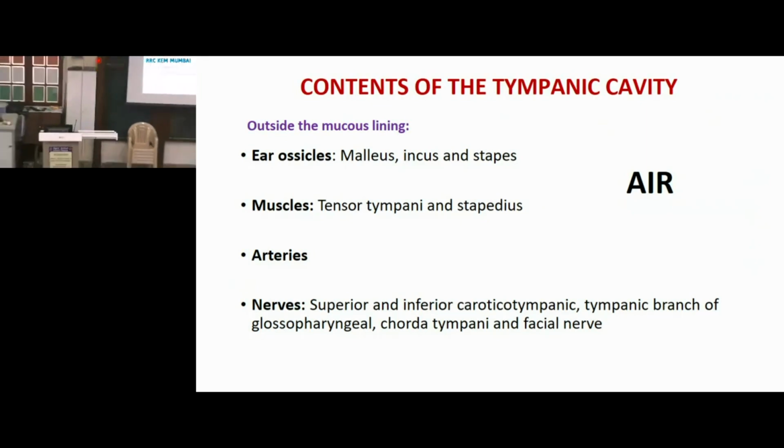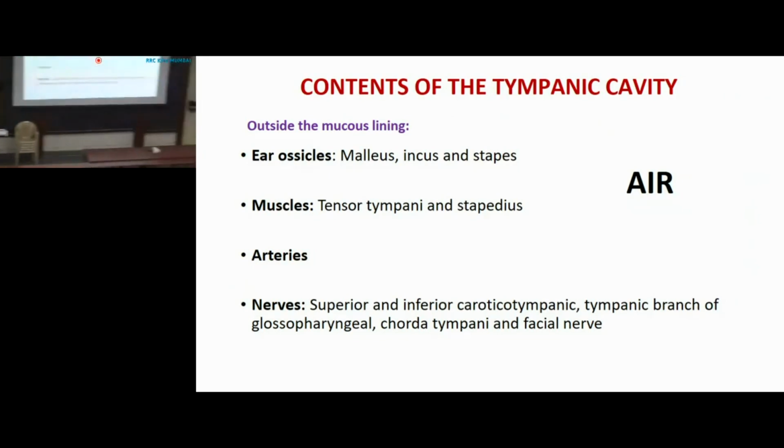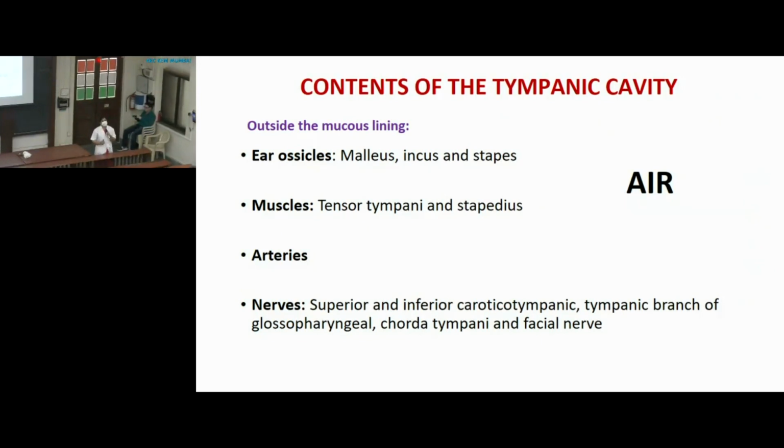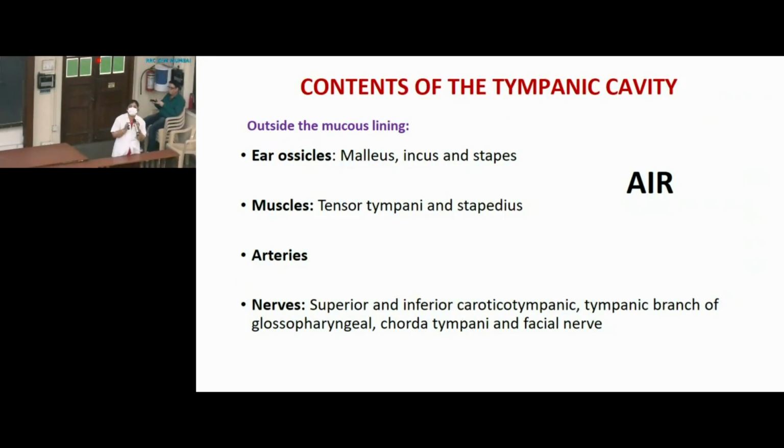The mucous lining excludes nerves, vessels and the ear ossicles. So what is present inside the tympanic cavity then? Only air. The genuine content of the tympanic cavity is air, which is present inside the mucous lining.